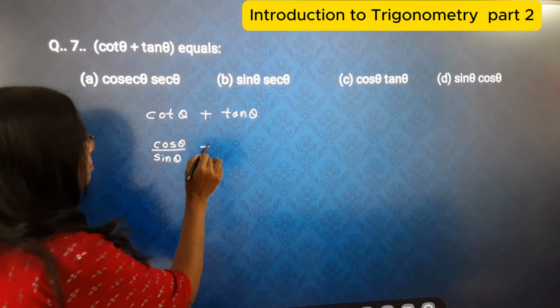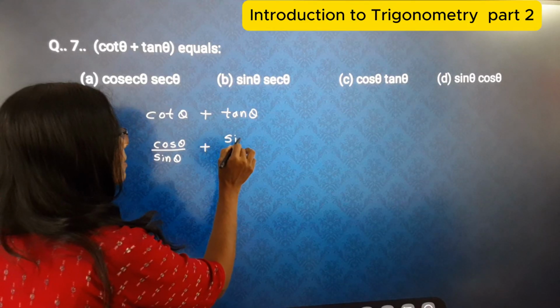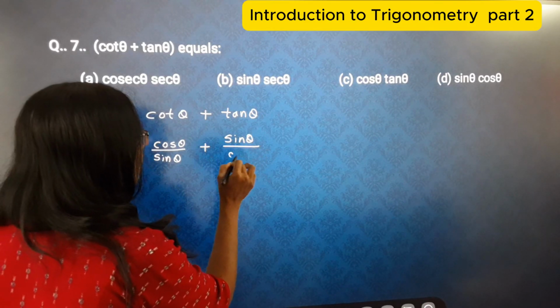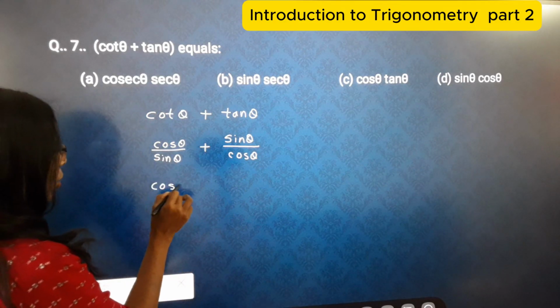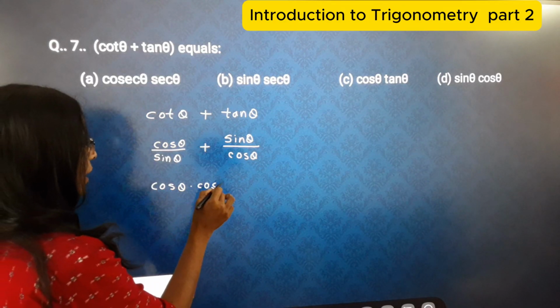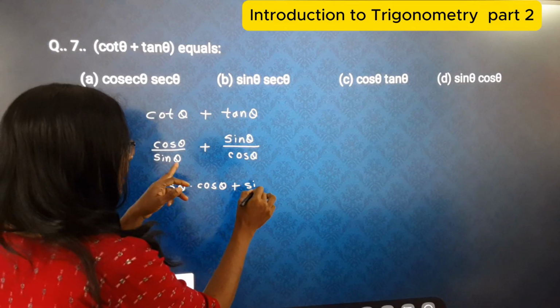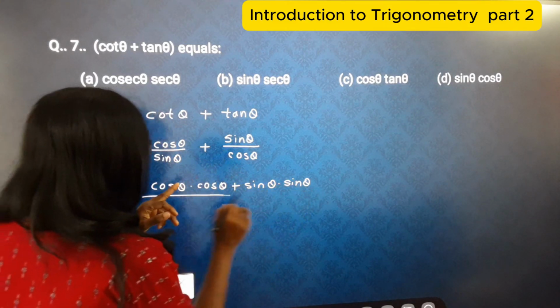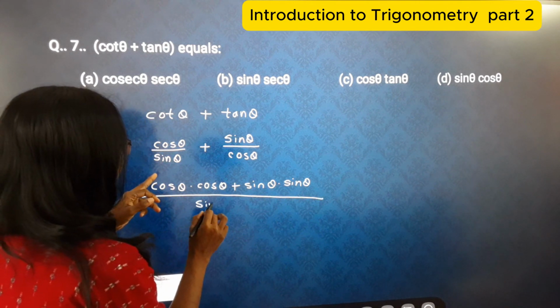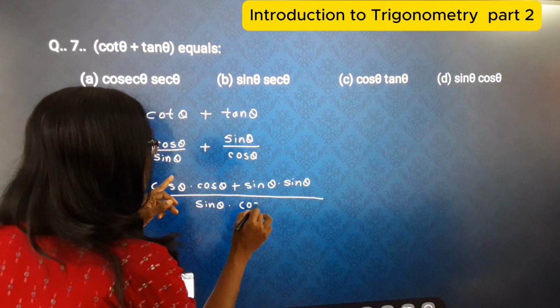So now plus tan theta means sin theta upon cos theta. Now I cross multiply: cos theta multiply cos theta plus sin theta multiply sin theta, divided by sin theta multiply cos theta.